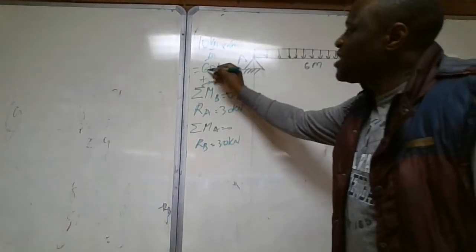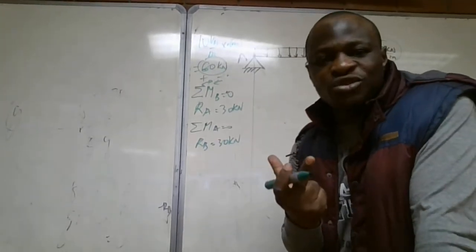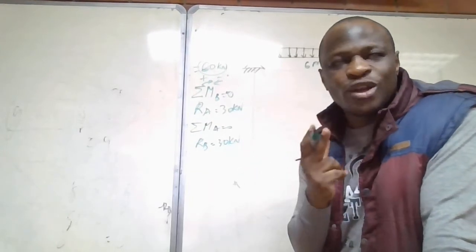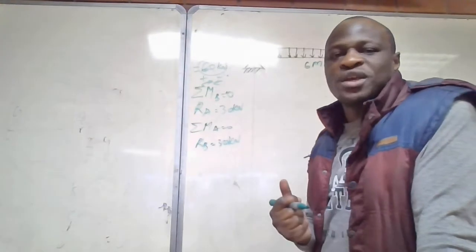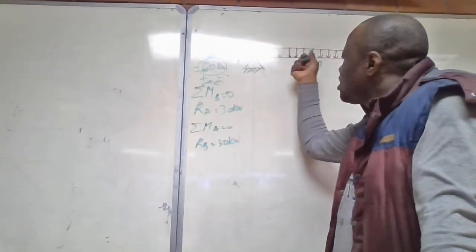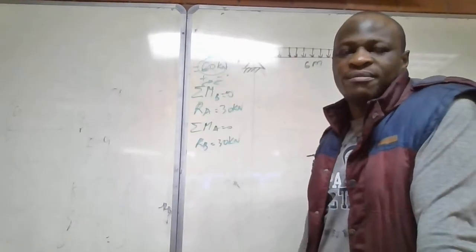And what does this 60 kilonewtons represent? It is the resultant UDL, and the resultant UDL is not a point load. It's a virtual force that represents the effect of all these loads that are evenly distributed on the beam.